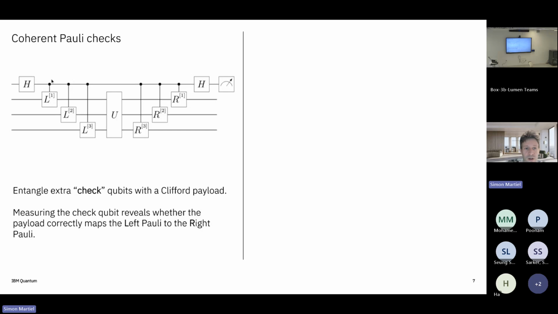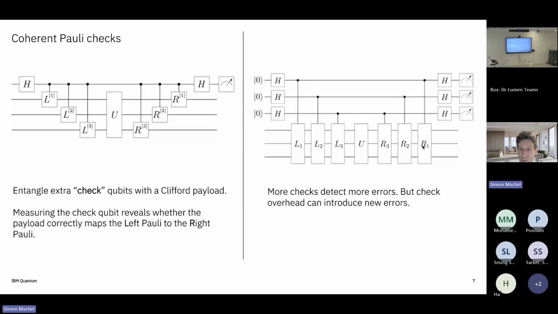Each control L or control R can be implemented by a cascade of CNOT gates, roughly. And we can stack them. We can do many left and right checks by recursively applying this construction, and hopefully catch more and more errors.